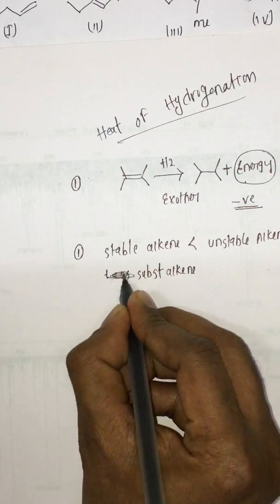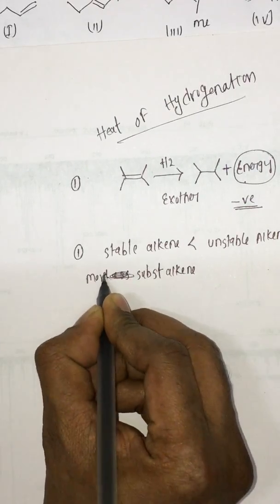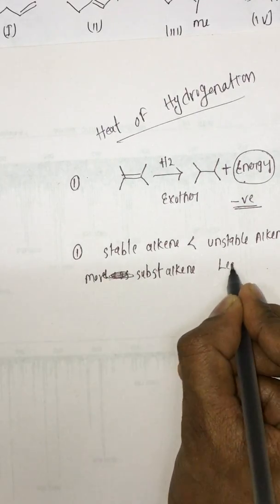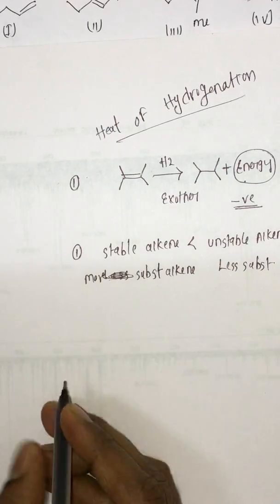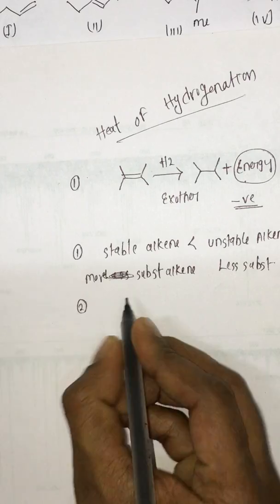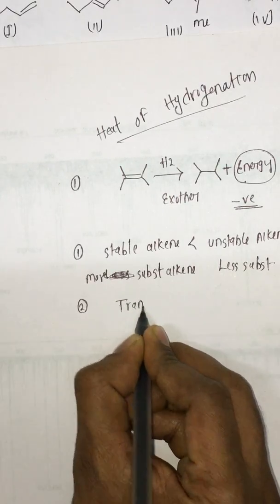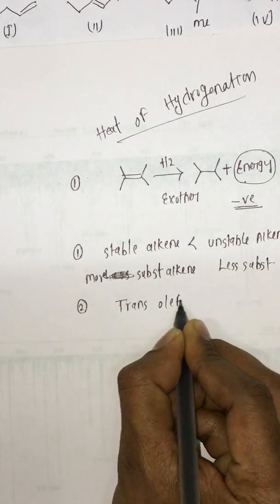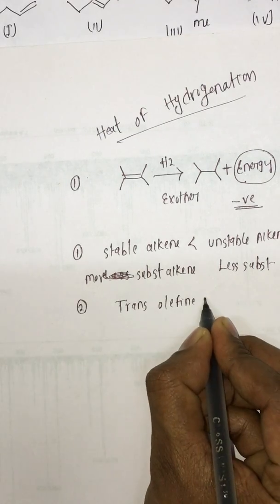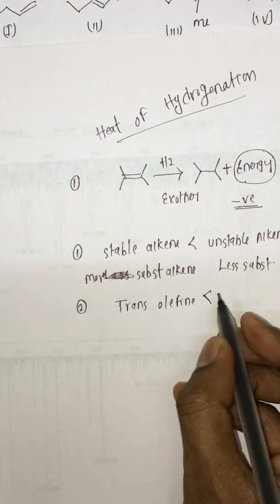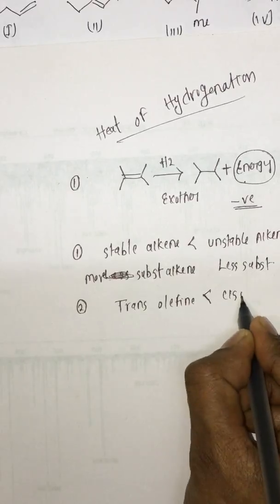More substituted alkene is more stable, and this will be the less substituted alkene. Okay, this is the first point. The second point is trans olefins. Among trans and cis, trans is more stable. So trans olefin has less heat of hydrogenation compared to cis olefin.